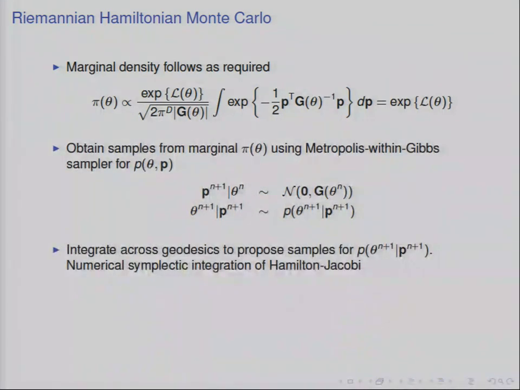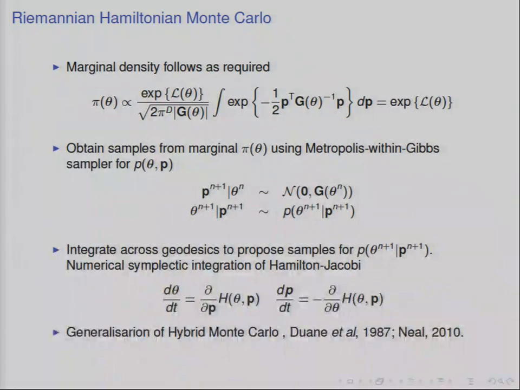In other words, this proposal is going to be obtained by integrating across the geodesics. So again, we need to numerically integrate Hamilton's equations, as we saw the other time. And there's a little bit of a technical complication here, which I'll go into in just a moment.